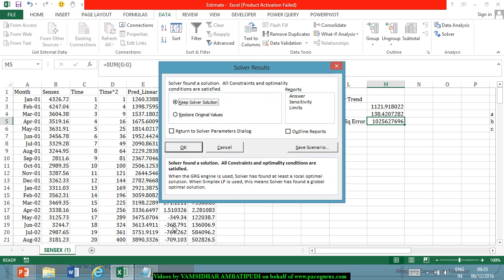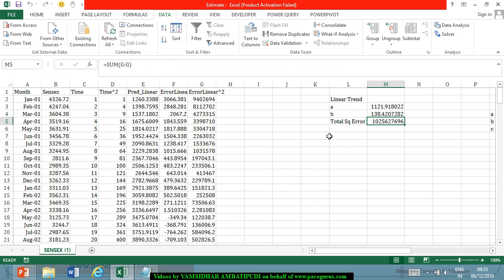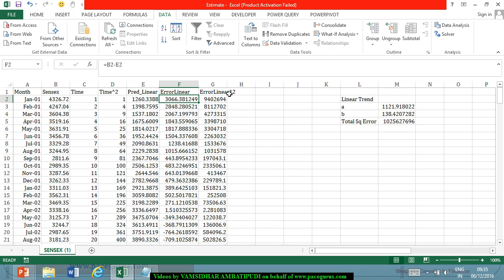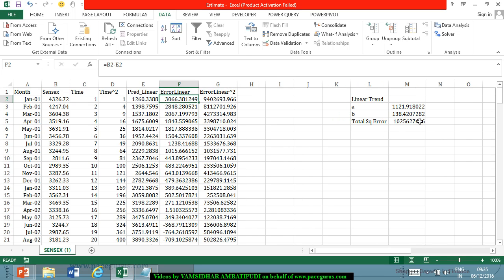Based on that, I got this kind of an equation where a is 1121, b is 138. In that process, I am getting this error and this error square, and this is the total amount of squared error. That is the minimum most possible when I am going with a linear model.